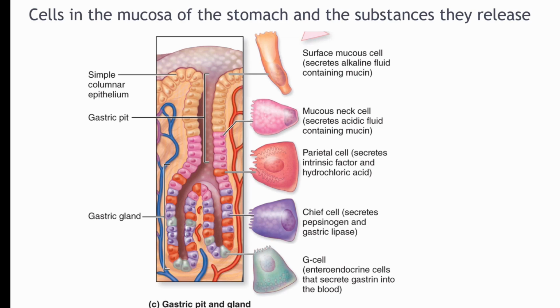So this is why I said that it's in the stomach that protein digestion starts. The acid helps to begin to tenderize the meat or the proteins you eat, the steak. And in addition, pepsin helps to break down those meats further. And then you have your G cells that are enteroendocrine cells that make gastrin. Okay. So together, this secretory lower part of your gastric pit is called the gastric gland.